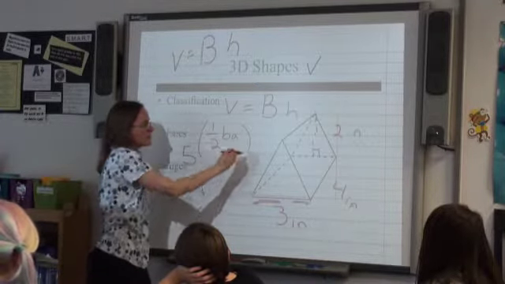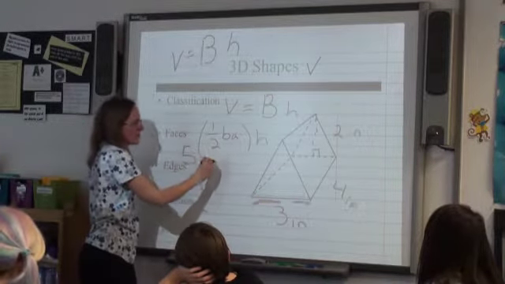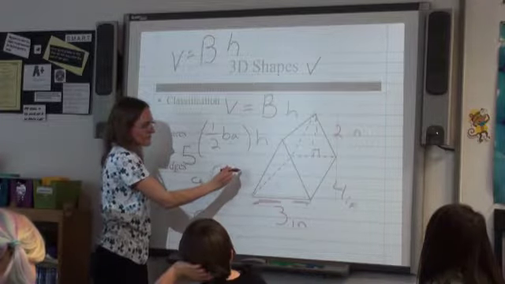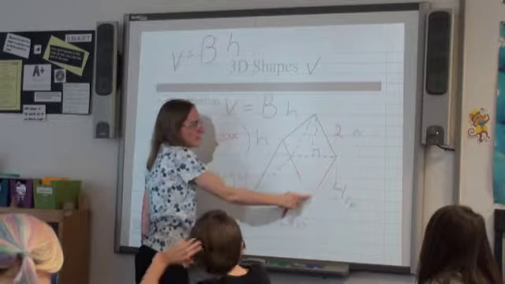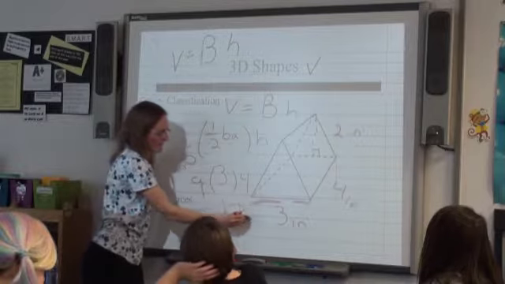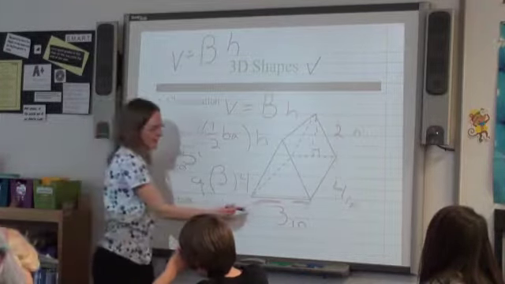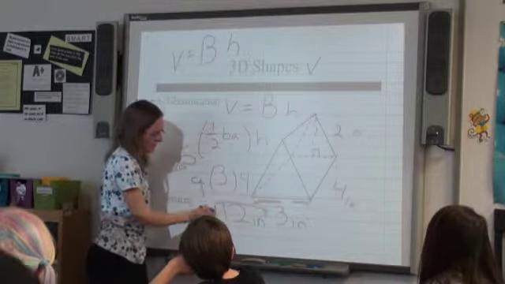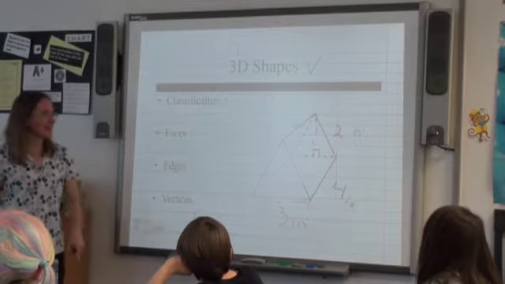And then we want to multiply the whole thing by the height. So we said that was 3 times the height. What's the height? 4 inches. All right, so 3 times 4? 12. And what's my units going to be? Inches cubed. Good. Looks a little messy up there. But you get it? Yeah?